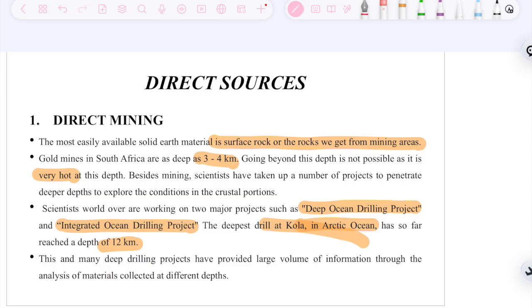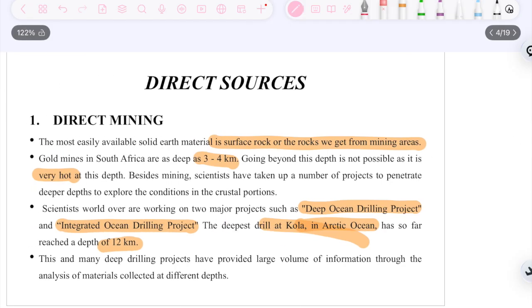But these drilling projects have provided a large amount of information through the analysis of materials collected at different depths. Though we are able to reach only 12 kilometers, even at this little depth, the materials collected have helped us gain some information about the interior of Earth.